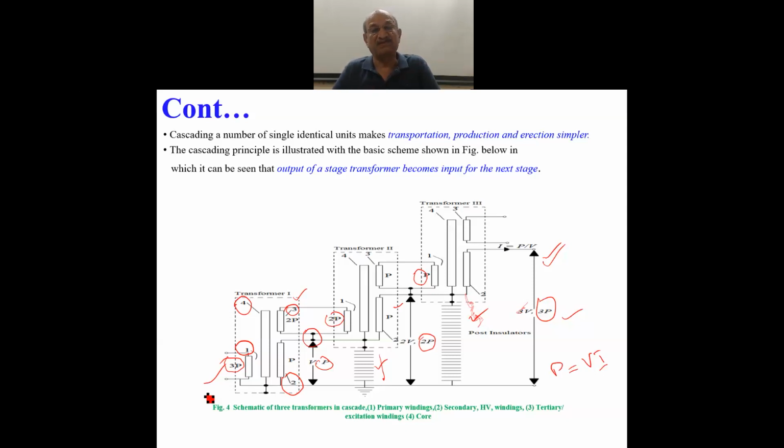And in such cases, it is the level of insulation which increases the size of the units. So that is remaining constant. So identical units can be produced and cascaded to get higher voltage at the desired current.